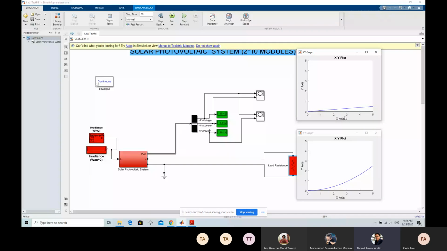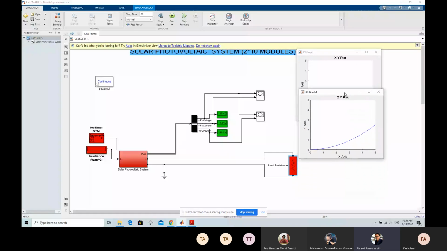Okay. Can you explain the lower one also, the PV one? What is happening here?